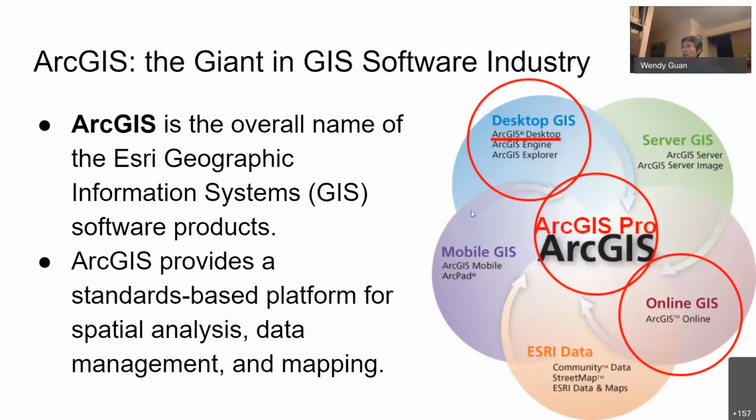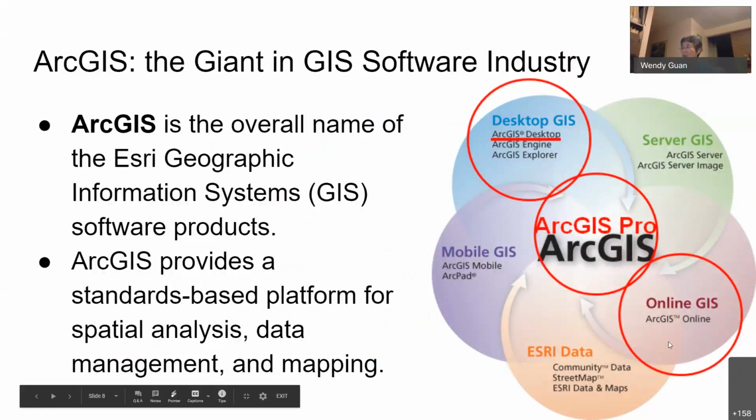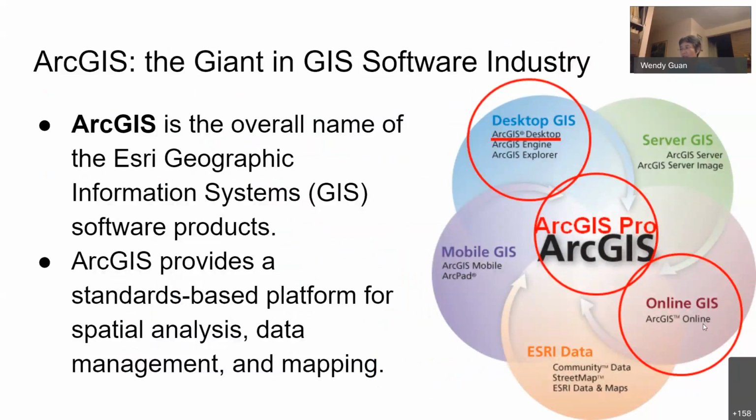And most of the time, I think people are using a desktop component. For those of us who have been in this field for many years, we probably know ArcMap, which is part of the ArcGIS desktop component. And the new users are probably more familiar with the online platform called ArcGIS Online.